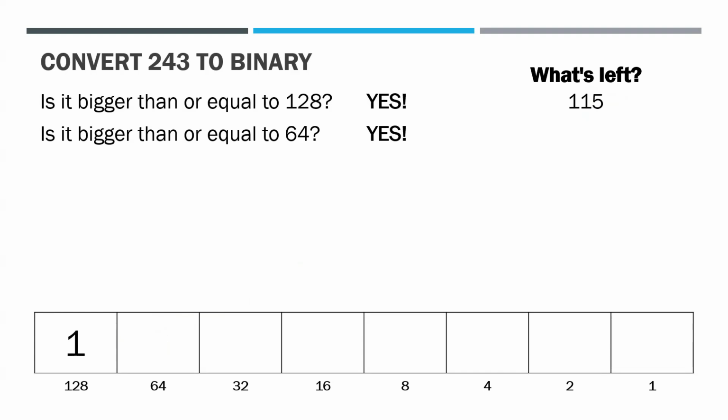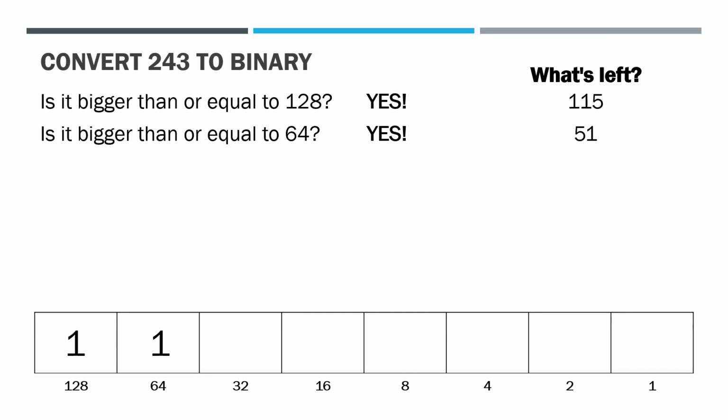So we drop a 1 into the 64s place. Then we figure out what's left over. If you take away 64 from 115, what have you got? 51. I agree, 64 plus 51 is 115.